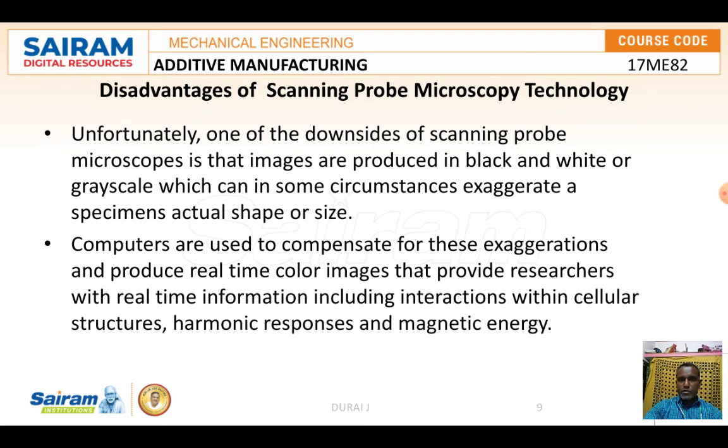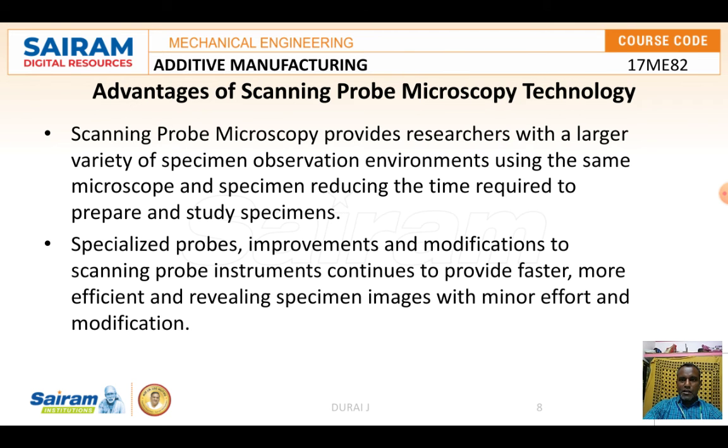Then come the advantages of SPM technology. It provides a large variety of specimens and observation environments using the same microscope and specimen, reducing the time required to prepare study specimens.